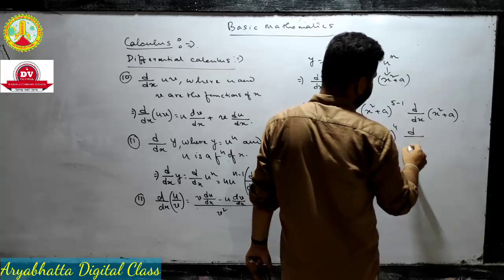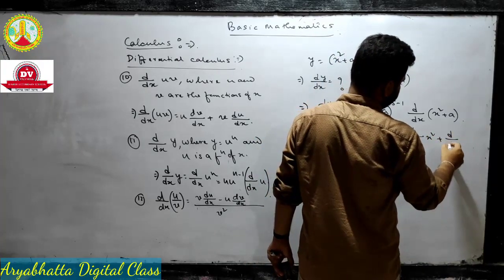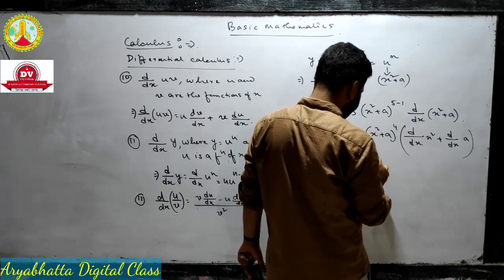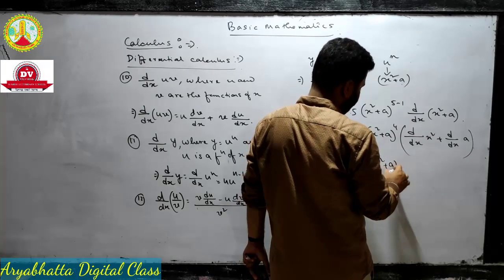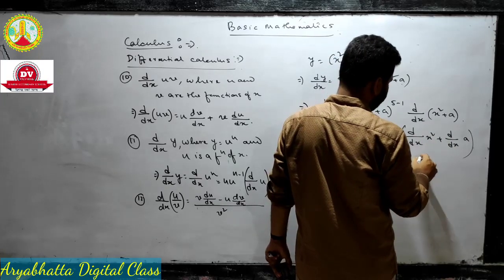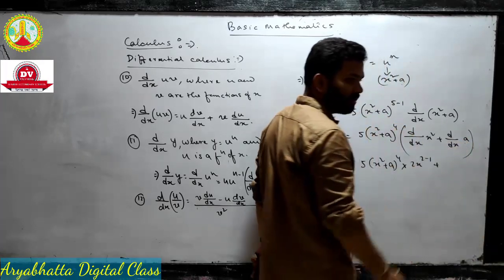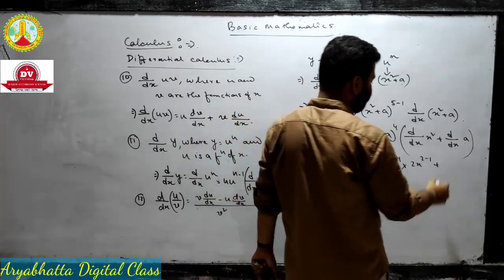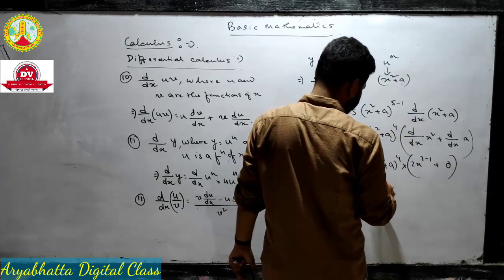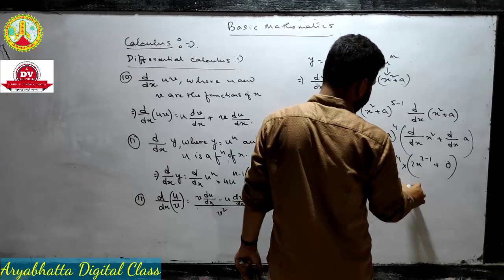Now if we split this, it becomes d/dx of x square plus d/dx of a. So it is 5 (x square plus a) to the power 4. Differentiating x square gives n x to the power n minus 1, plus a is a constant with respect to x, so it will be 0. So 5 twos are 10, x, (x square plus a) to the power 4 into x.